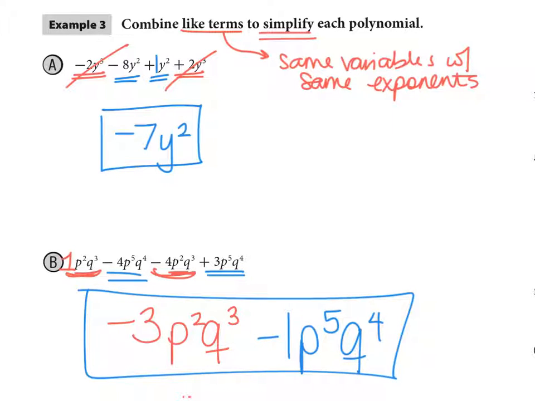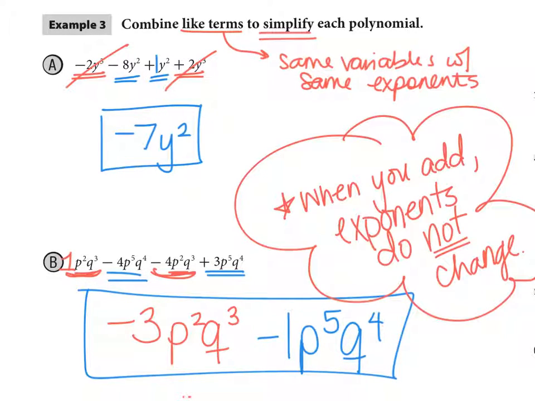And the biggest note that I want you to take here is that when you add, exponents do not change. When you add, exponents do not change. That is like the number one mistake people are going to make throughout this whole chapter, so make sure you learn that now so you don't make that mistake in the future.